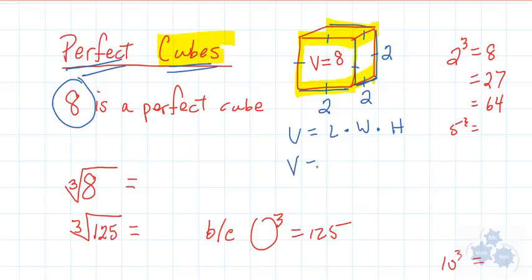And if length times width times height are all equal to each other, and let's just call it the side length here, that's the same as cubing the side length. 2 times 2 times 2 is 8. Therefore, 8 is a perfect cube. Here are some other perfect cubes on the right. 27 is a perfect cube. Why is that? What number am I cubing to get 27?